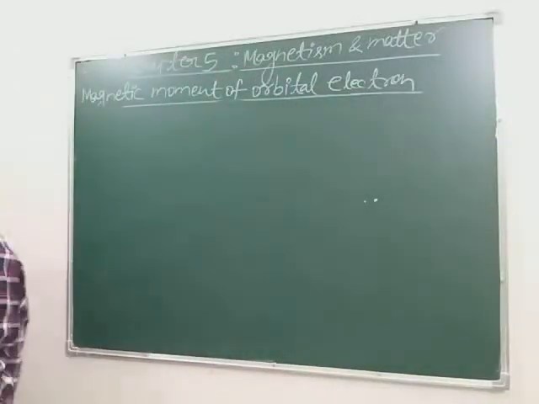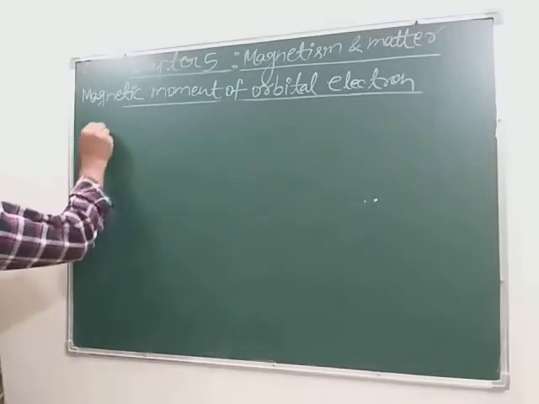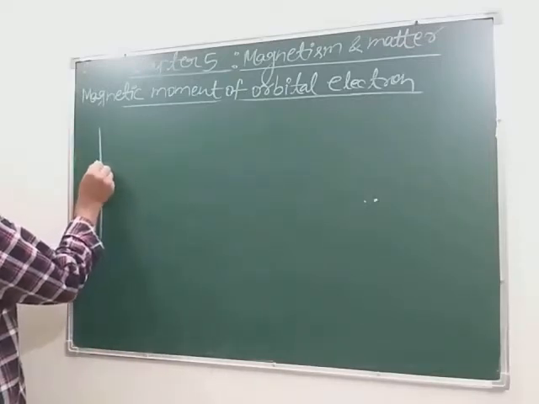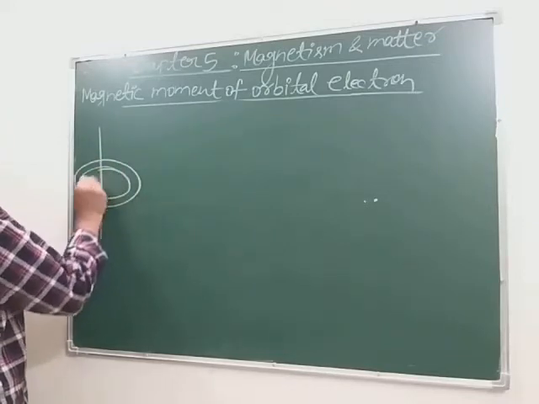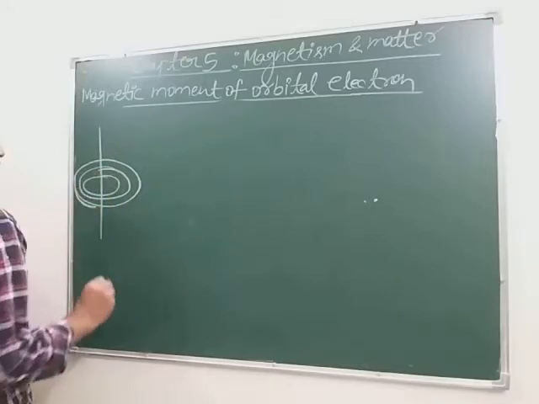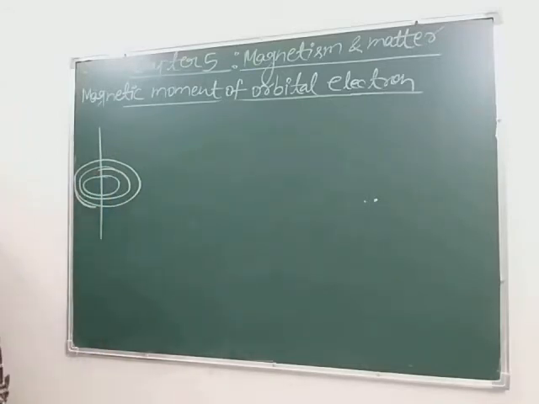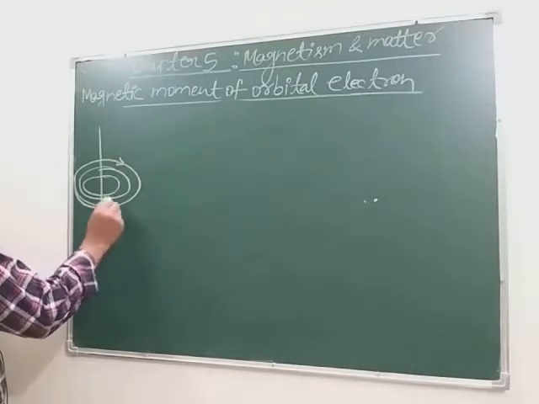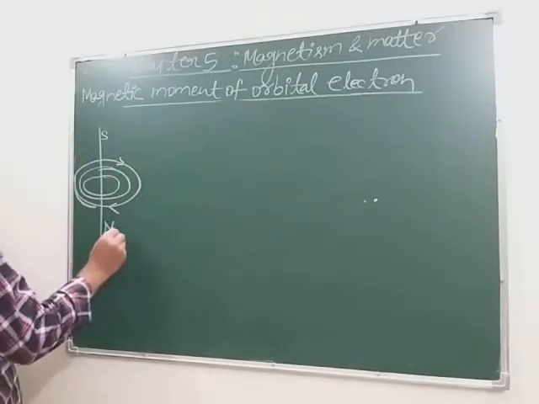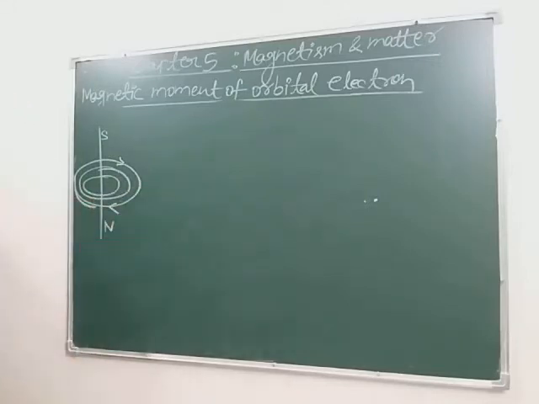Okay, the next one is, suppose the loop is like this, or suppose there are N turns in this. If the current is flowing in this way, here we can assume south and north, or the current is flowing the other way, and there are N number of turns.